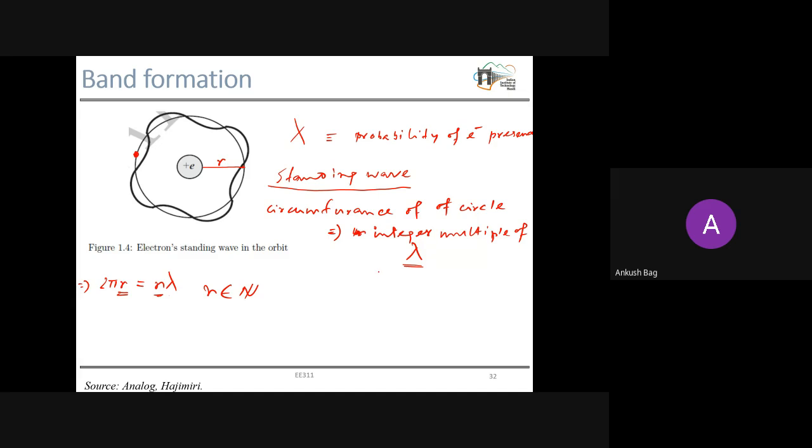I think we know that in typical atoms we have different energy levels, which will be taken by these electrons as they roam around the nucleus. So why is this quantization happening? The main origin of this concept is this particular standing wave requirement.